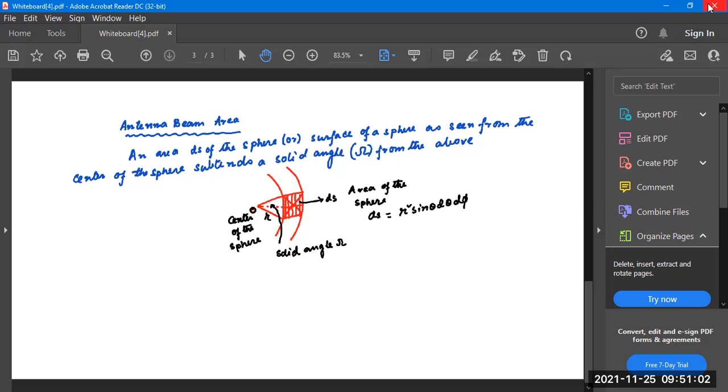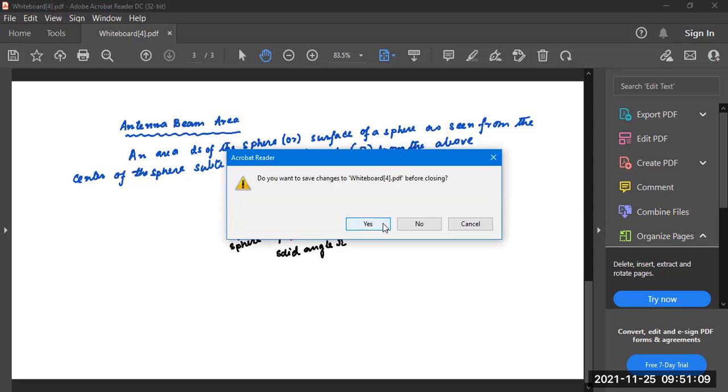I told it in the previous classes, in the first or second class. Let us summarize the directivity again and then go further. Directivity is the maximum radiation intensity of the subject or test antenna over the radiation intensity of the isotropic antenna.